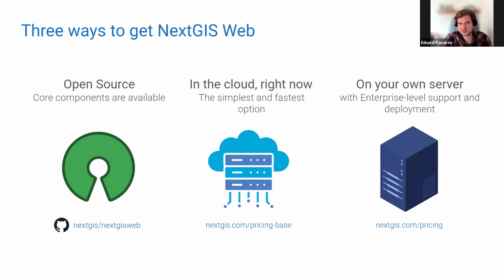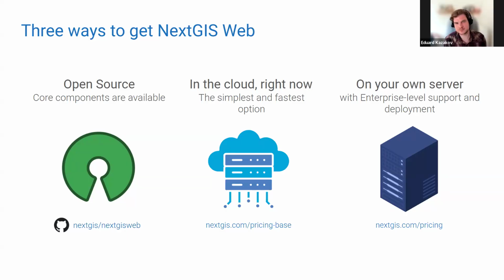As its core is open source, you can go to GitHub, take the code, run a single Docker command, and have your own instance of NextGIS Web run on your PC, on your hardware server, or on your rented VPS server, as you want. You don't have to let us know that you do it. It's real GPL2 licensed open source software.